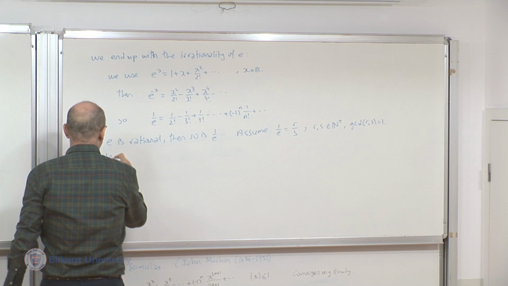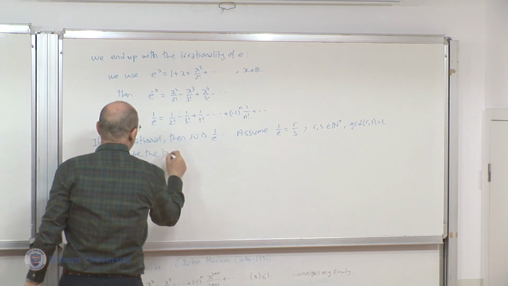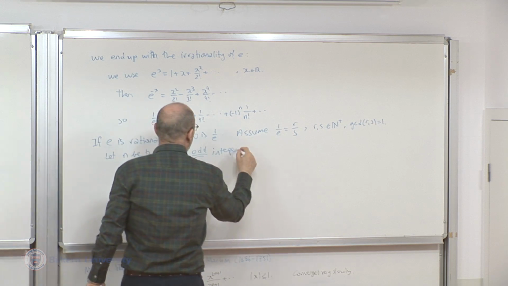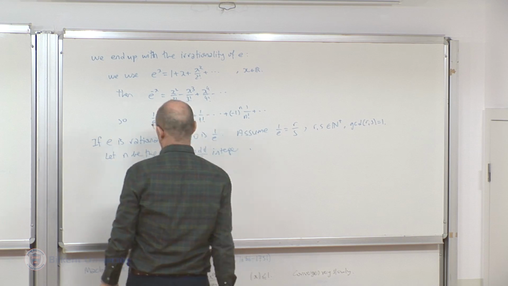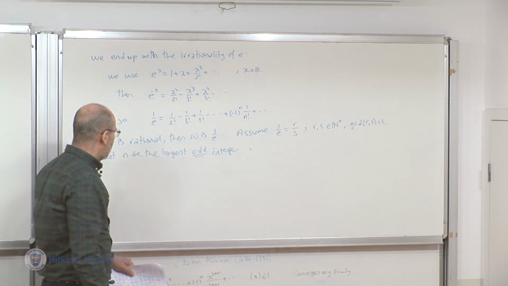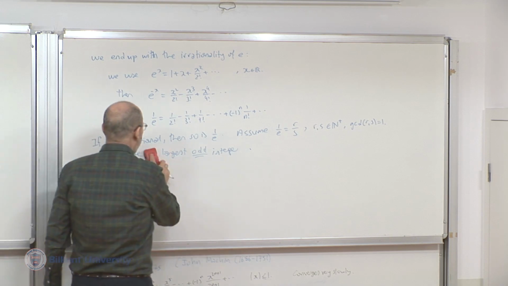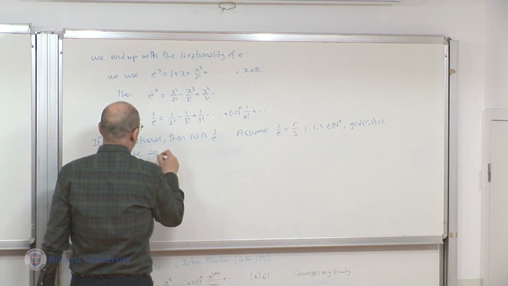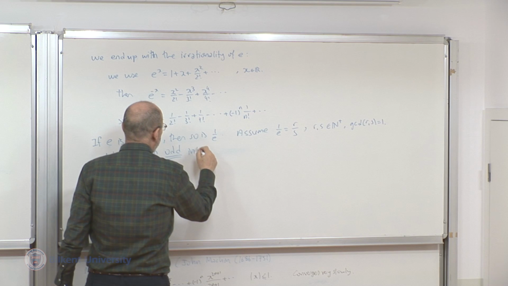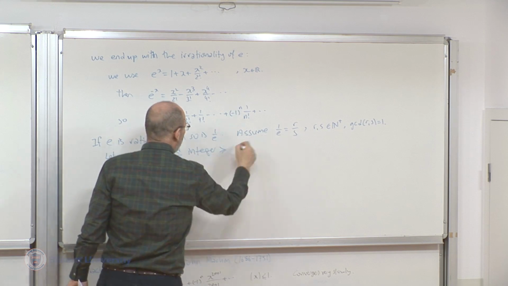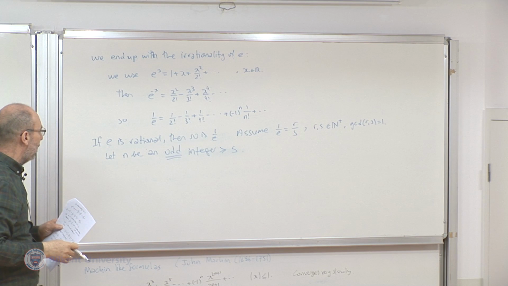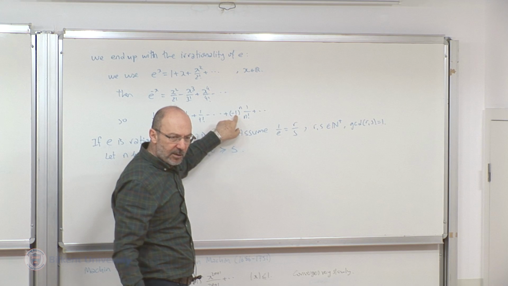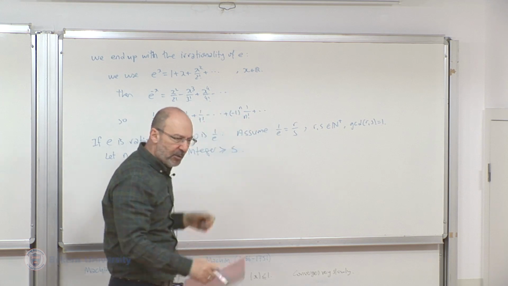So let n be an odd integer larger than or equal to s. Any odd integer will do. Because I want to add up to n, then it will be minus. So that sum will be less than 1 over e. That's what I want to use.